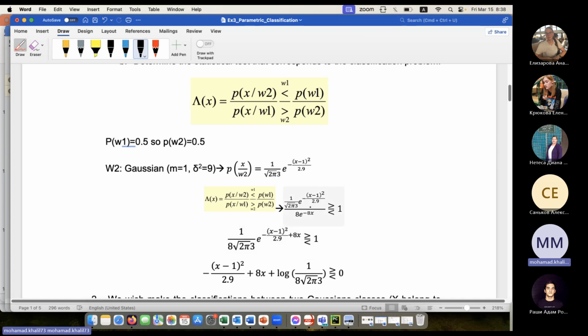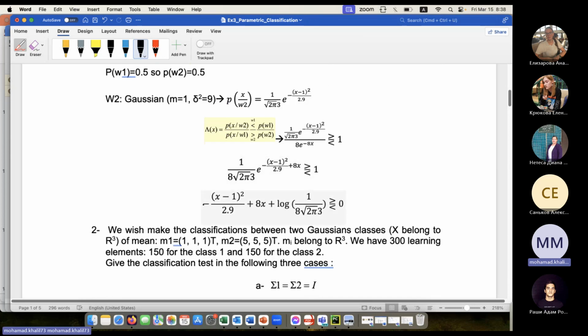We can simplify: you have 1 over 2 radical 3 pi 8 here, exponential of this plus this, if greater than 1 class 1, less than class 2. And if you take the log of all of this, you have minus this plus 8x, plus log 8, plus log, if it is greater than 0.